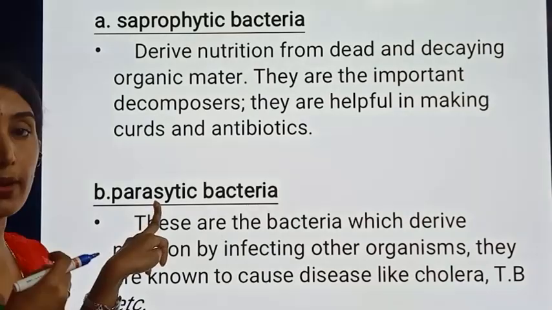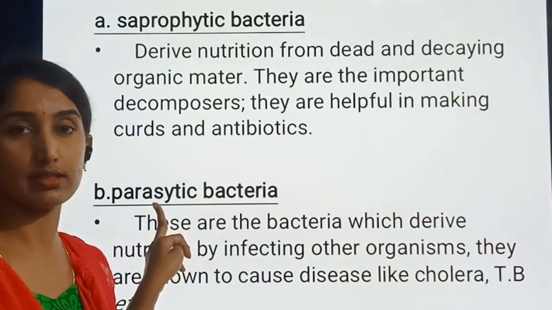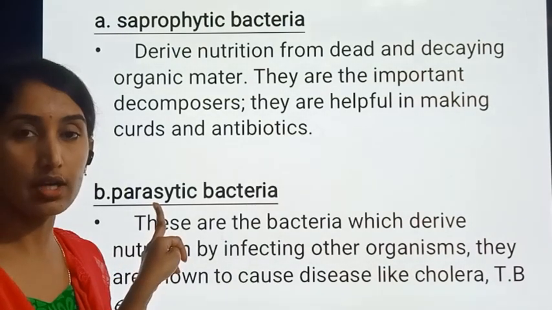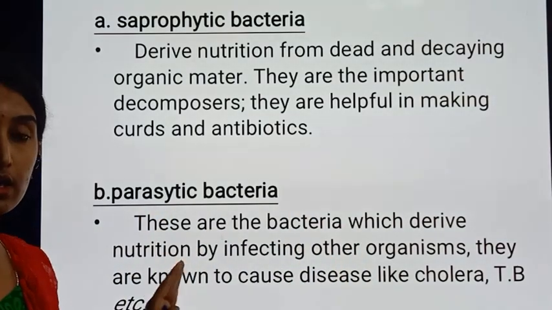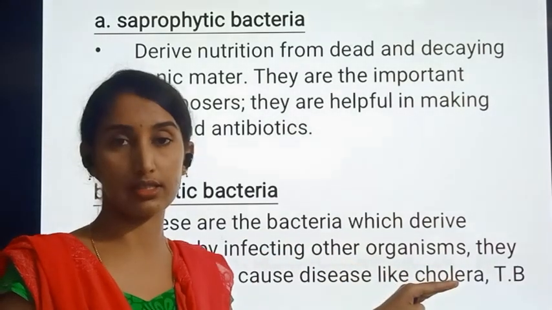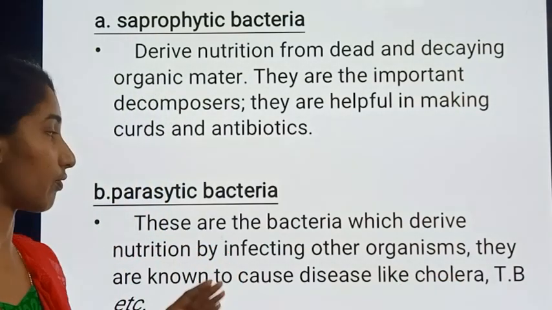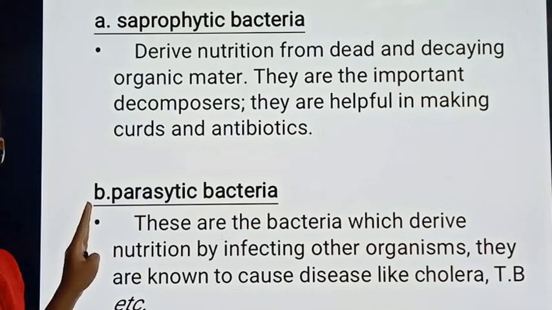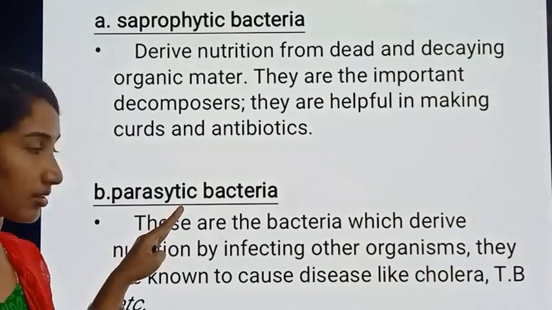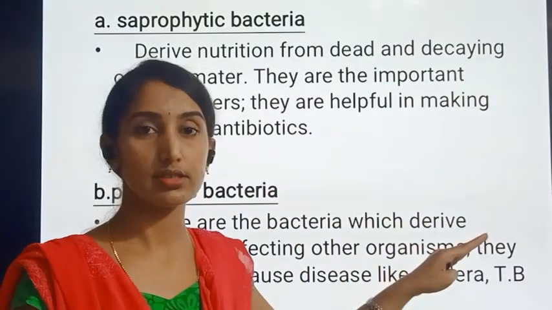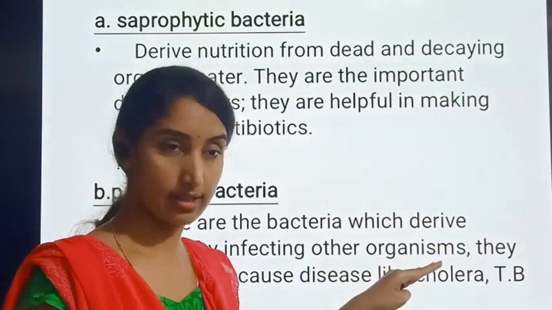Parasitic means they harm other organisms to derive their nutrition, and all those bacteria which infect and harm other organisms to derive their nutrition are called parasitic bacteria. I'll repeat: parasitic bacteria derive nutrition by infecting other organisms.